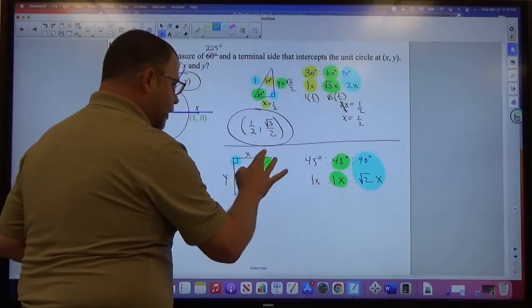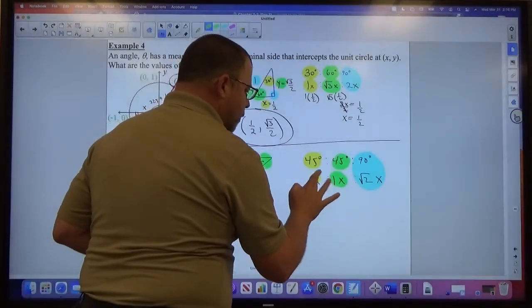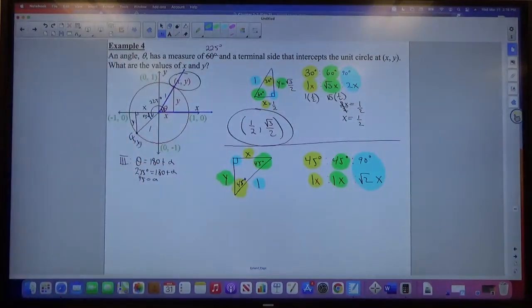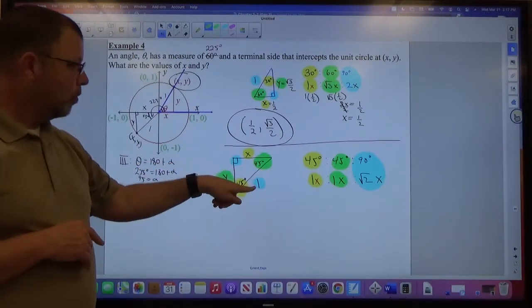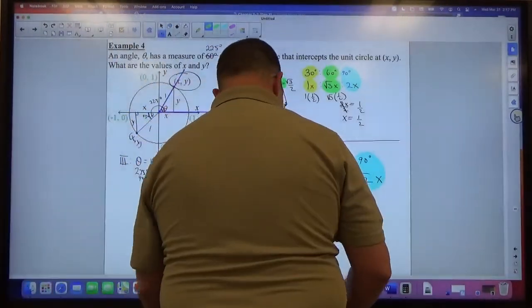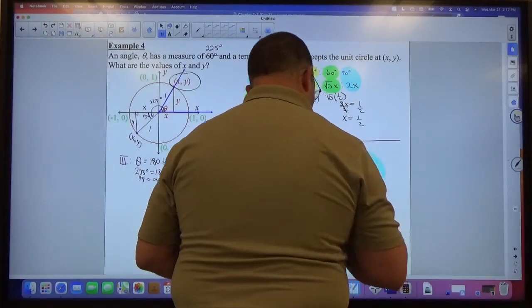You find the angle, go across the triangle to find the side. The side we know, the hypotenuse, matches up to the square root of 2x. So I'm going to have the square root of 2x equals 1.